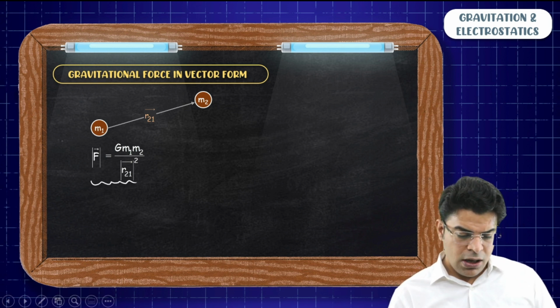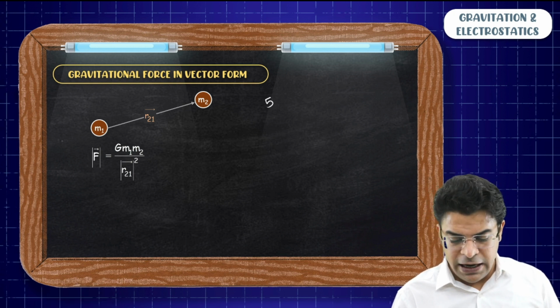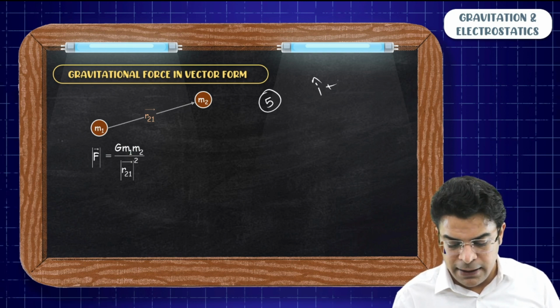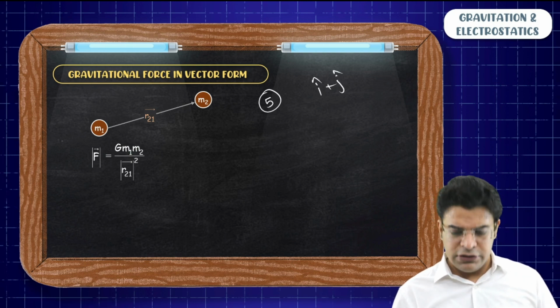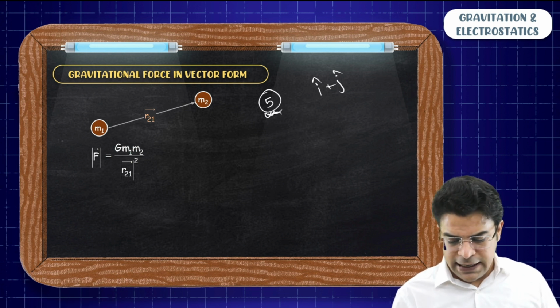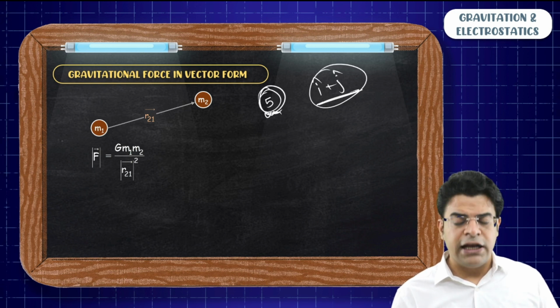Yes, sir. If I ask you, how will you write a vector of magnitude 5 parallel to the vector i cap plus j cap? You will say, sir, I have to write a vector of magnitude 5 in the direction of i cap plus j cap. How to write? See better.